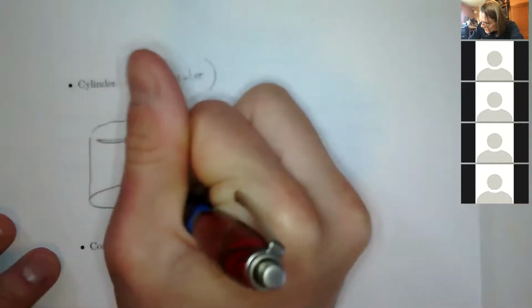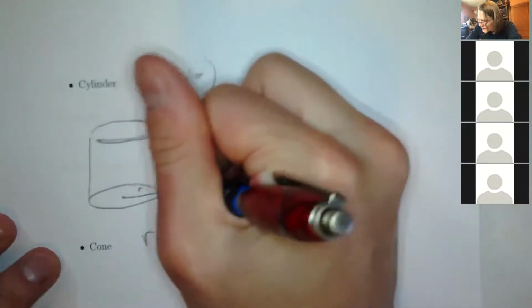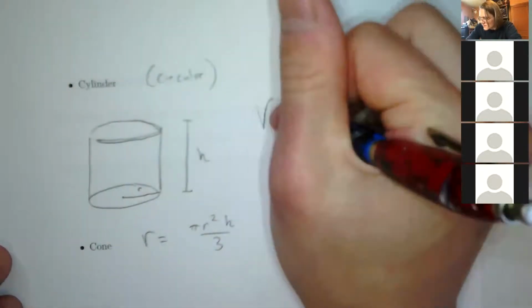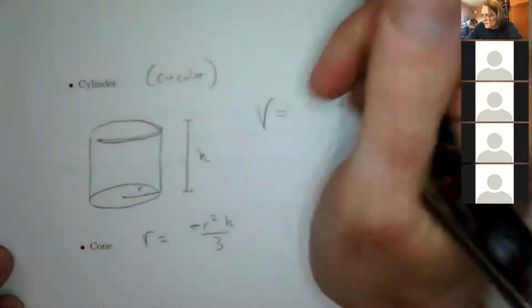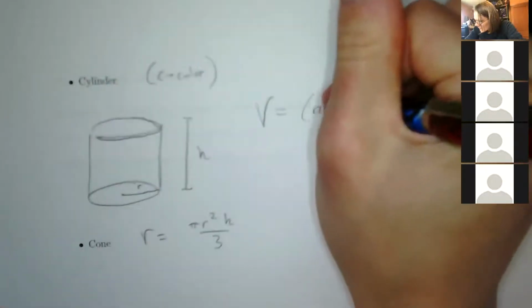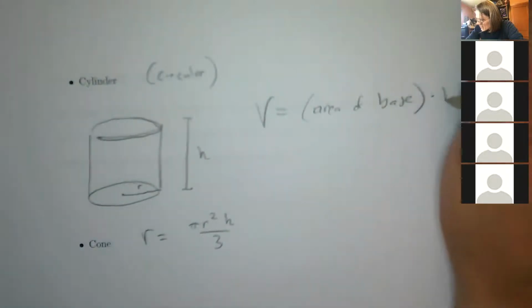Again, your bottom and top are both circles of radius r, and they have some height, h. And so the volume of a cylinder is going to be the volume of the base, or the area, sorry, the area of the base times height.